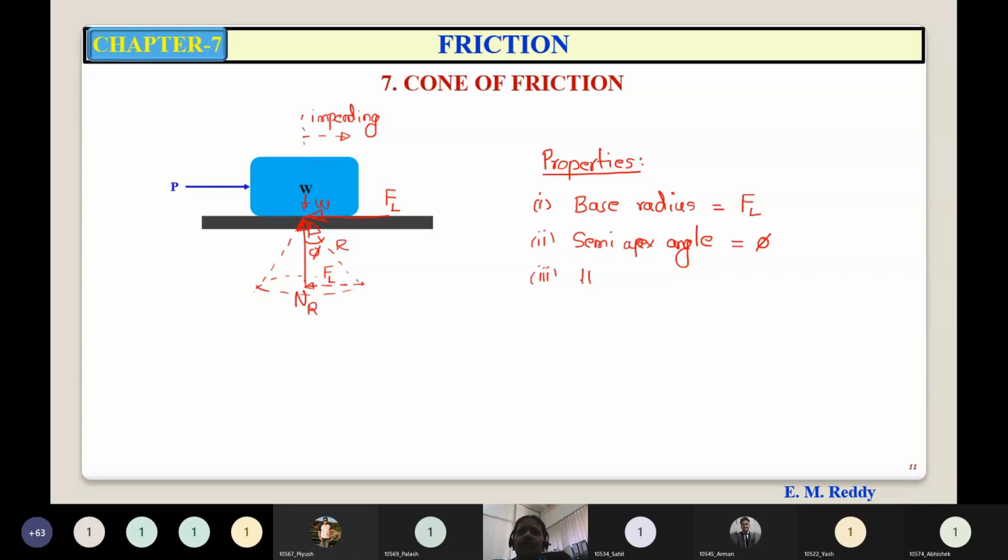And the height of cone gives you what? Normal reaction. Then the generator of the cone is the resultant of normal reaction and the limiting friction. So this R is the generator of the cone. So these four are the properties of cone of friction. Is it clear?